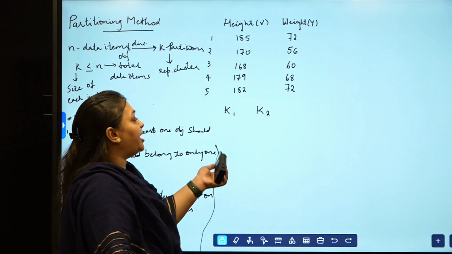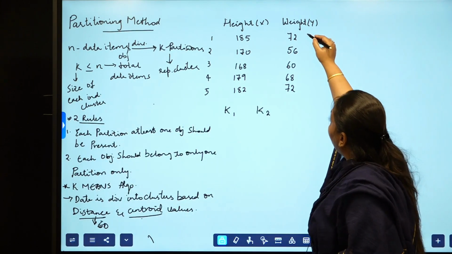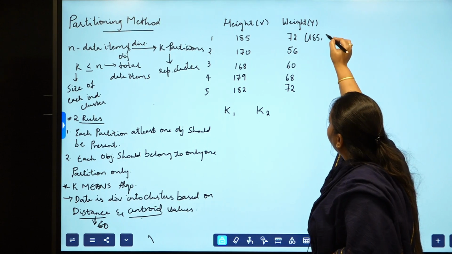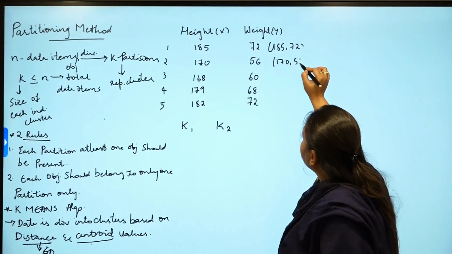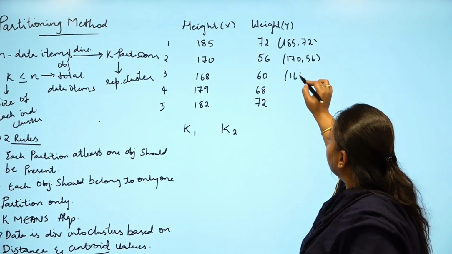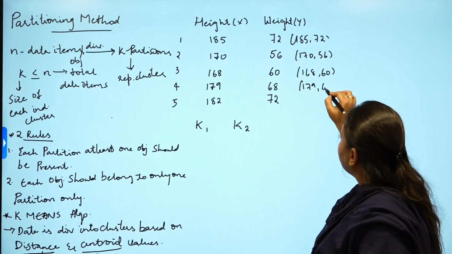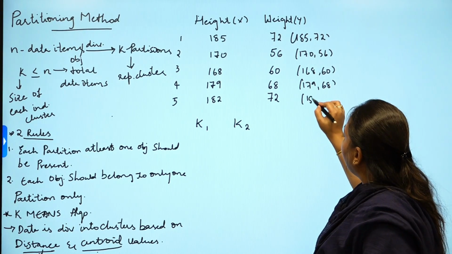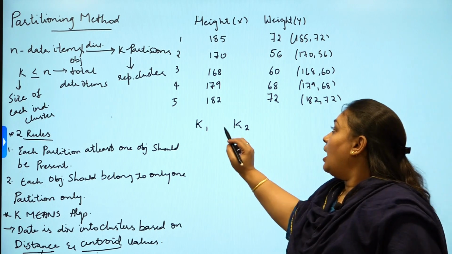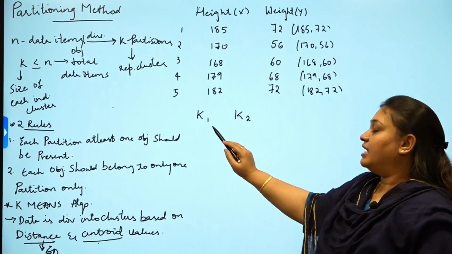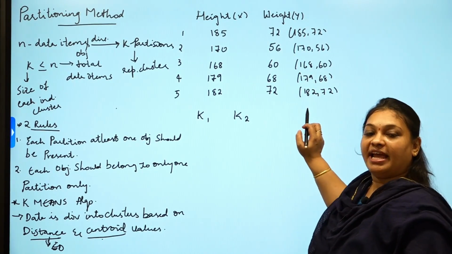Now I am going to write the pairs here: 185, 72 is one pair, 170 and 56 is another pair, next 168 and 60, then 179, 68 is one pair, and 182 and 72 is the other pair. From this I have chosen K1 and K2 as 2 clusters and I have taken the pairs.